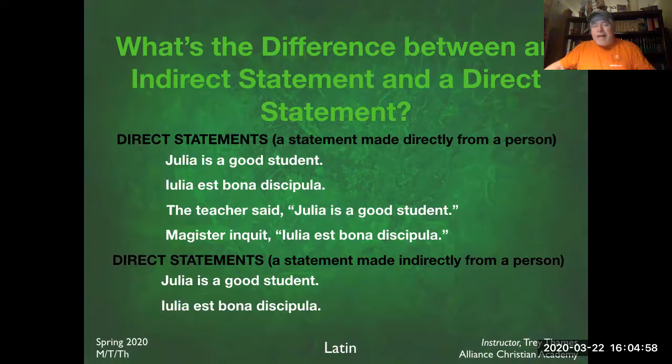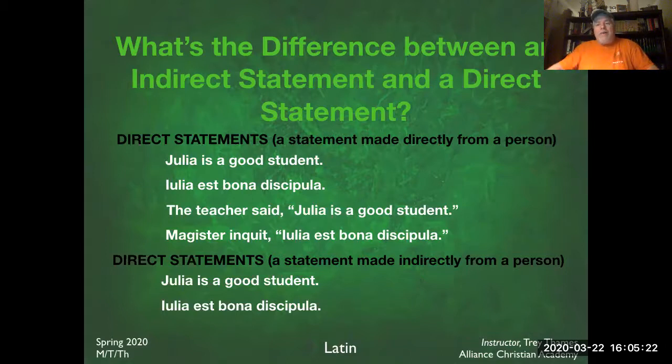In this case, esse is simply the present tense infinitive to be, so you translate it is. The teacher says Julia is a good student. Now in Latin, we back up. In English, we add the word that. So really the best translation here is the teacher says that Julia is a good student.